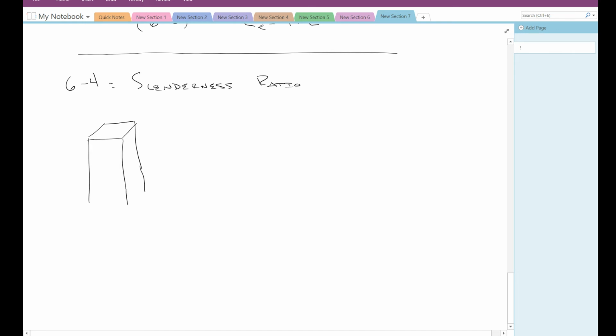We're relating the cross-sectional area and the area moment of inertia to the effective length of our column. And we do that by the slenderness ratio, which is capital S lowercase r is equal to effective length over our radius of gyration at its minimum, right? Or we can also say that's equivalent to our constant k times our actual length, L, divided by our radius of gyration at its minimum. That's equation 6-3 in your textbook.